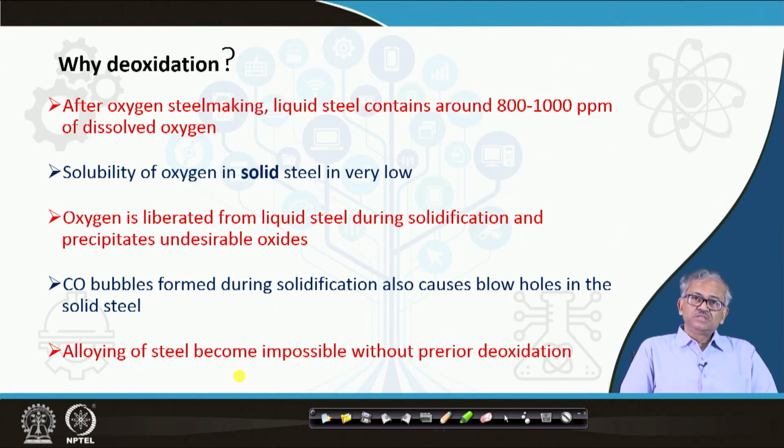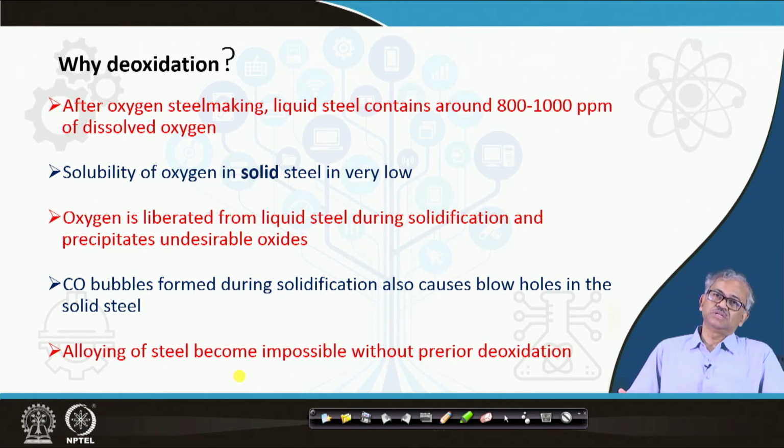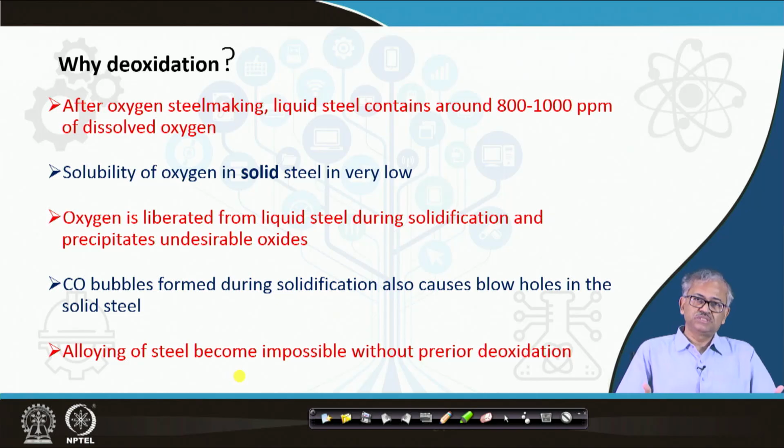If you want to make silicon steel, in that case also it is not possible. For transformer steel, you want to keep some silicon, but it is not possible, because it will form silicon oxide and go away. If you want to make a chromium steel, chromium will get oxidized to chromium oxide and join the slag. So you cannot retain any alloying element in the steel if the oxygen potential of the liquid steel is very high, that is, if the dissolved oxygen is very high.